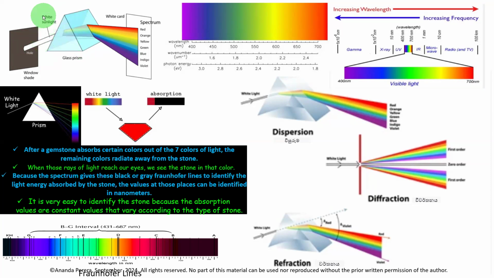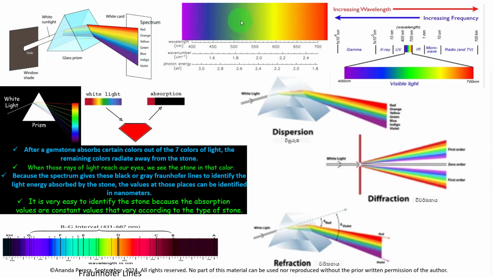When it enters from the air to glass, it bends a little bit. Then from glass to air again, it bends. When we use a white paper here, we can get the spectrum colors included in sunlight: red, orange, yellow, green, blue, indigo, violet. These are the 7 colors inside the spectrum.